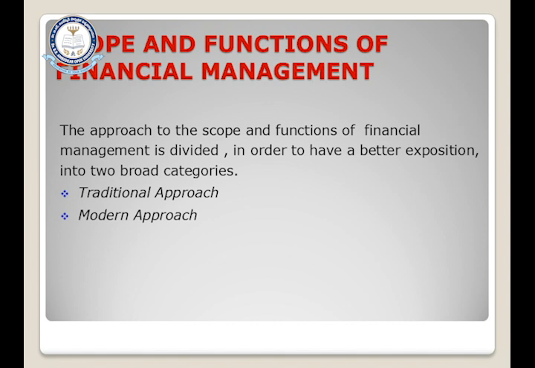The first one we call the traditional approach, the very old approach. And based on the requirements of business organizations, we also have a modern approach. Between the traditional approach and the modern approach, we have a transitional approach. So basically there are two approaches to understand the scope of financial management: the traditional approach and the modern approach.